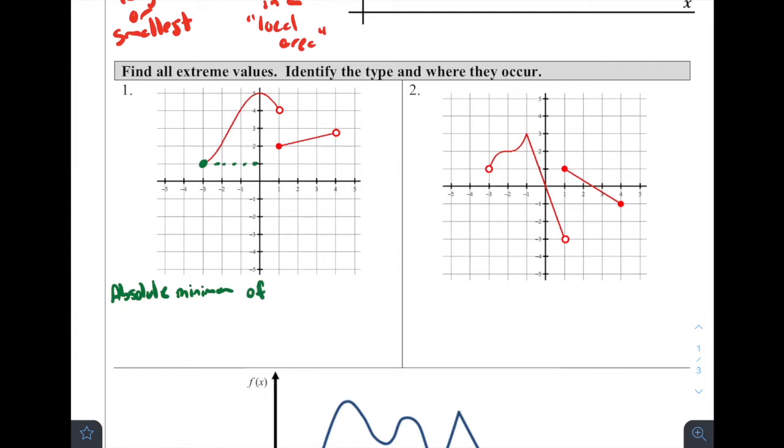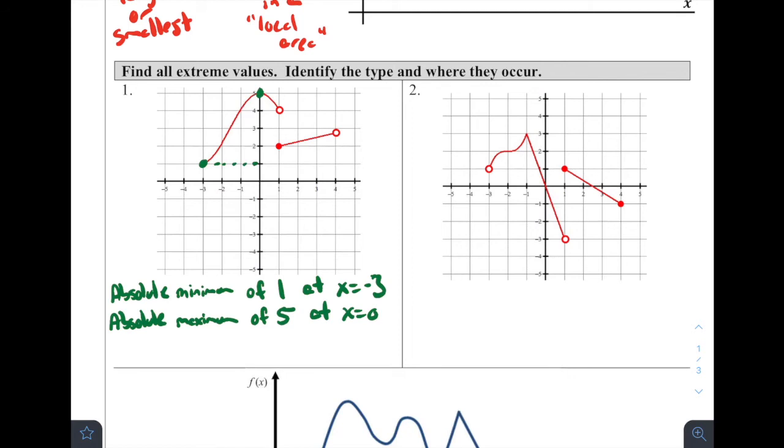So the minimum is 1, the y value is 1, and it occurs at x equals -3. So that is our absolute minimum. It is the lowest point on the graph. Also, we see that there's an absolute maximum. What's the highest point of the graph? It has a height of 5, and that occurs when x is equal to 0. That's this point that's up here.